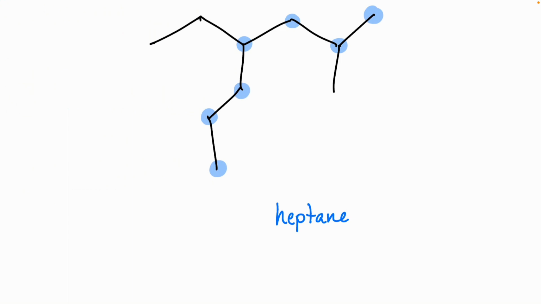I still gotta account for these carbons. So this is a 1-carbon group. This is a 2-carbon group. So this would be a methyl group. And this would be an ethyl group.